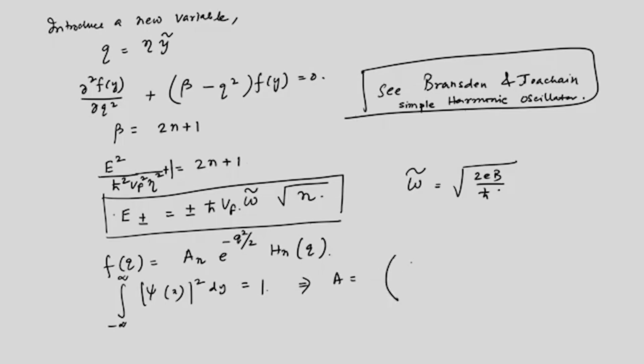So, this is equal to eta divided by 2 n factorial root over pi whole to the power half. Okay. So, that is the normalized wave function because it depends on this n. Okay.